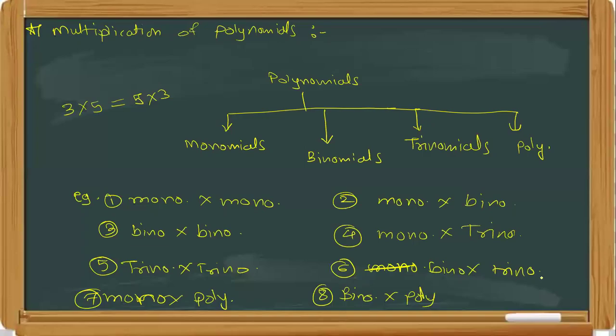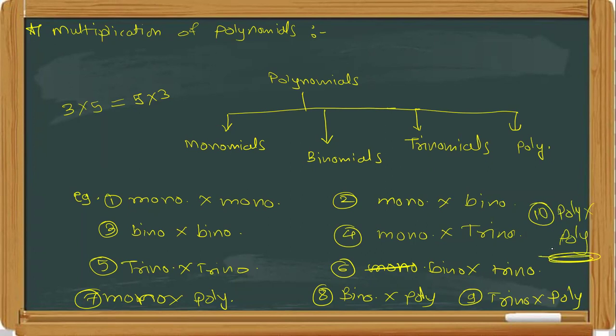Binomial into polynomial. Trinomial into polynomial. And lastly, polynomial into polynomial. That means a 4 term polynomial multiplied with a 4 term polynomial. That also can be done.